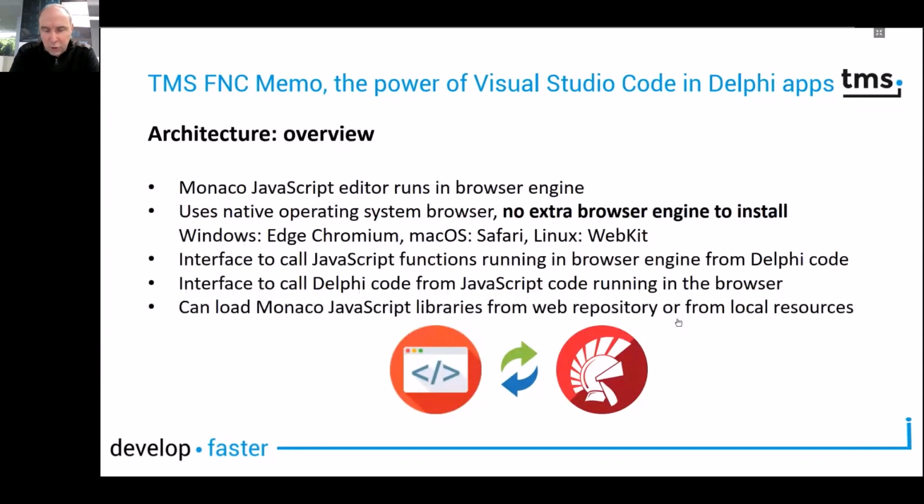And it also reduces the weight of your application. On the other side, with a single property switch, it is also possible to load the Monaco JavaScript libraries from local resources. And that means that in that case, you can fully use the FNC Memo without any internet connection.